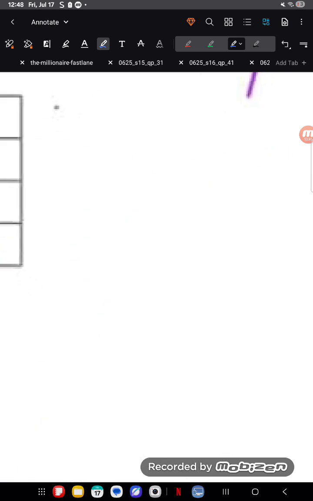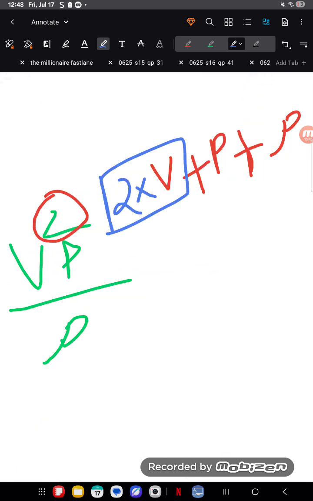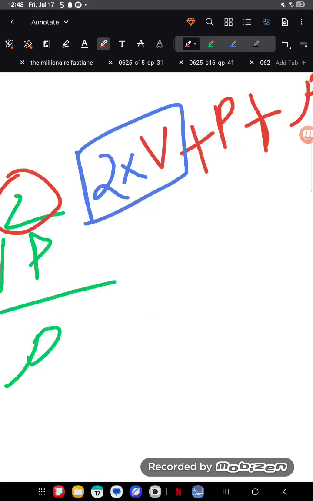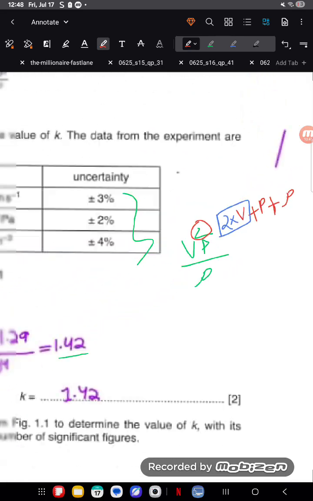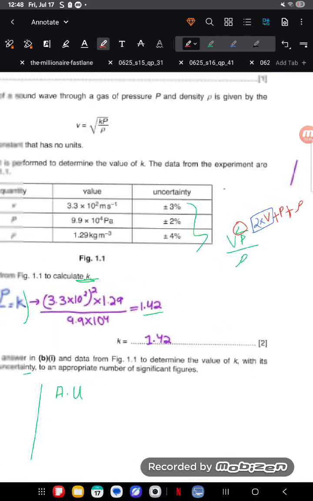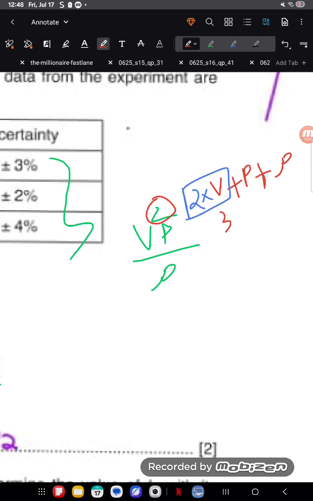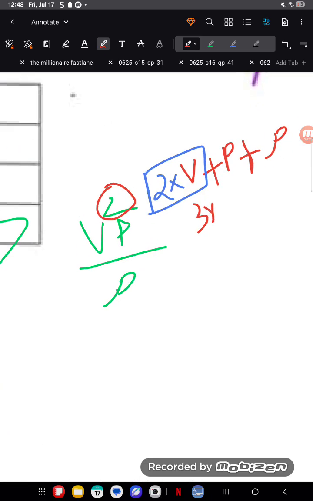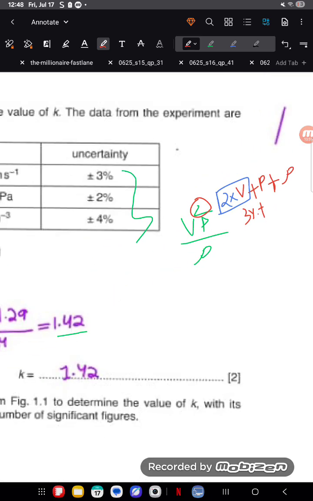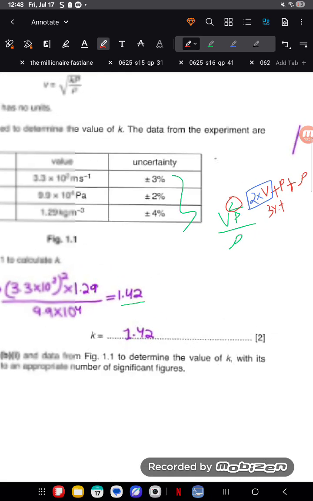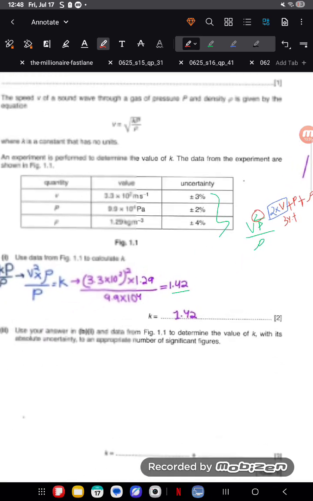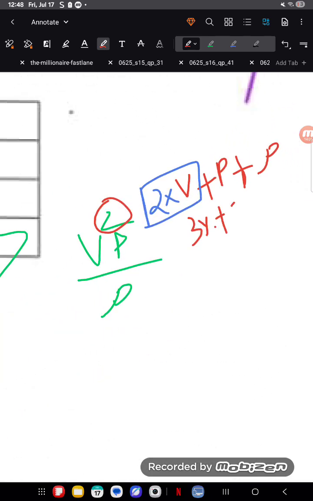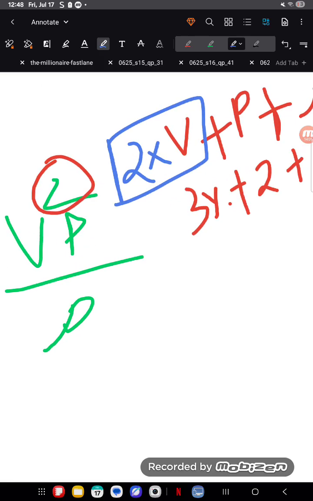Okay, now let's do it. For V it is 3, right? Yes or no? V it is 3, so 3 percent plus whatever 2, 4. P is 2 and this is 4, and this one is multiplied by 2.